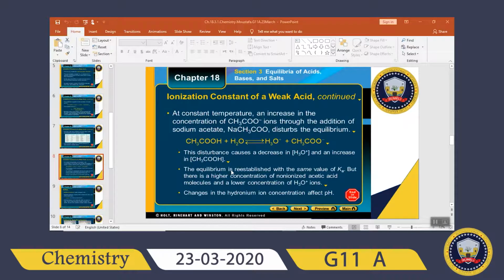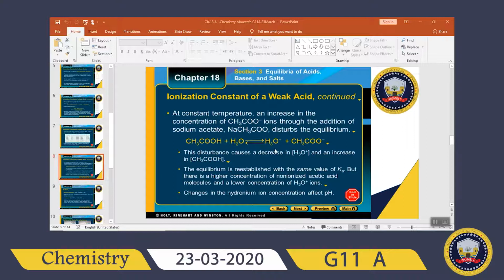So this disturbance causes a decrease in the concentration of hydronium ion and an increase in the concentration of acetic acid. The equilibrium is reestablished with the same value of Ka, because Ka is constant at a specific temperature, but there is a higher concentration of non-ionized acetic acid molecules and a lower concentration of hydronium ion. Changes in the hydronium ion concentration affect the pH.